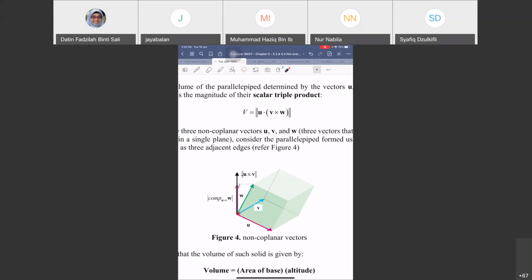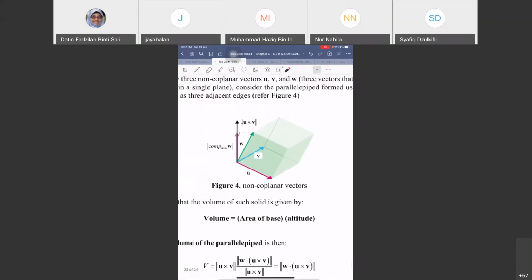We call it non-coplanar, because coplanar refers to three dimensions. In three dimensions we have several planes, so we call it coplanar or non-coplanar. So they are non-coplanar, which means they coincide at the initial point, and they are non-coplanar.